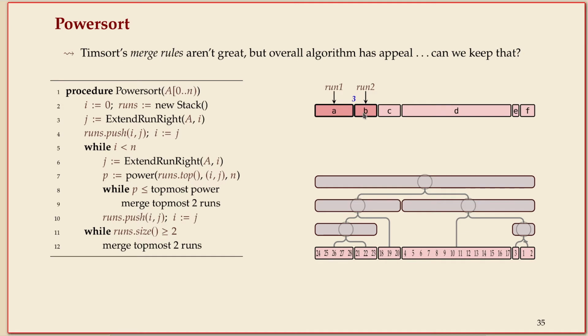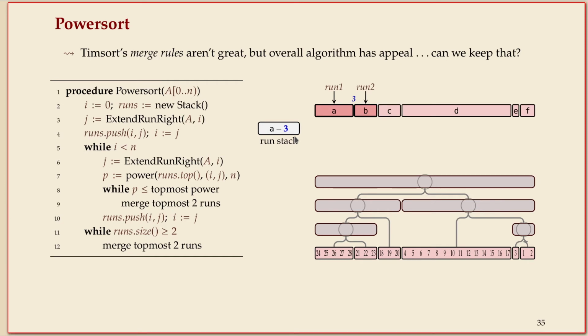We start by finding the first 2 runs, not just one. And we compute a magic number, the power of those 2 runs, or rather, the power of the split between those 2 runs. And in this case, it happens to be 3. More on that on the next slide. And now you keep a stack of runs, where you also store the power.